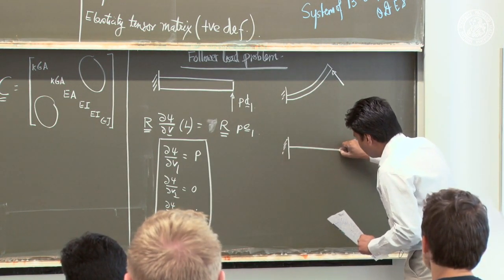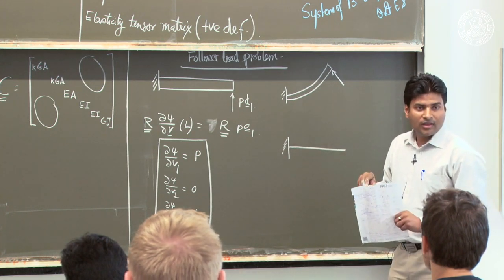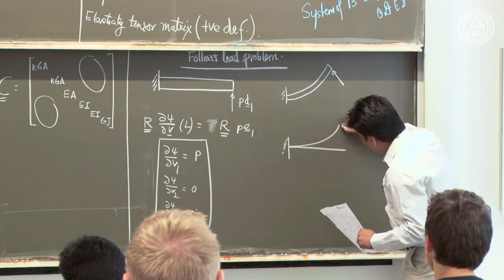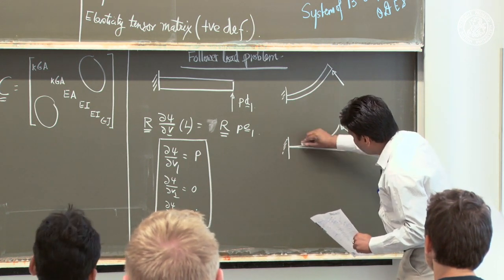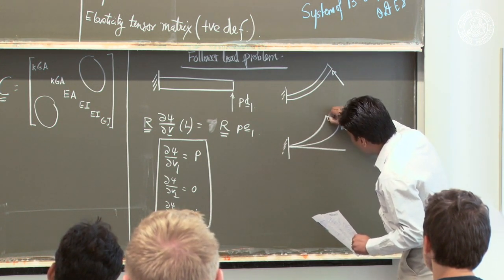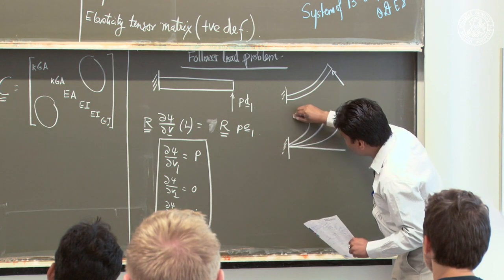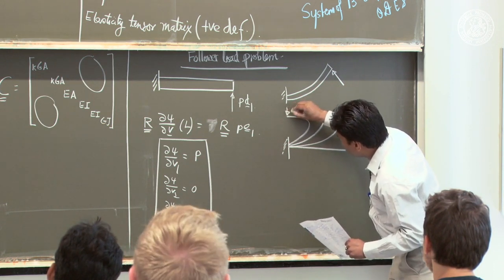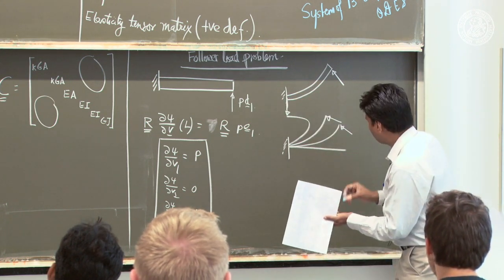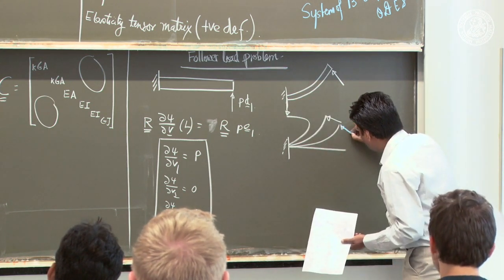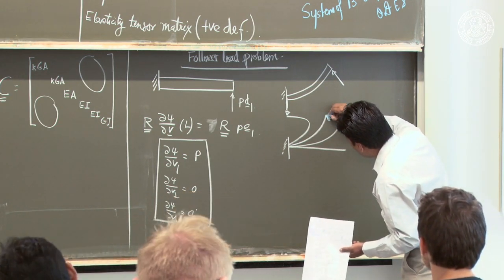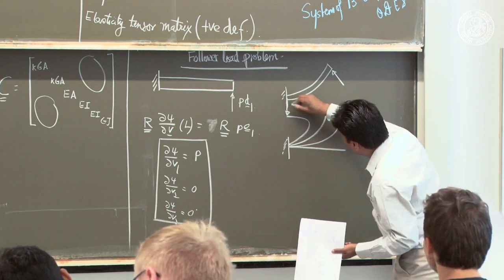At 0 load, it is straight. As you increase the load, it will become something like this. So that's a higher load.